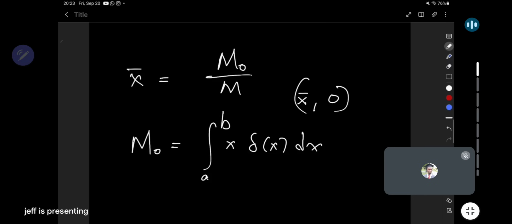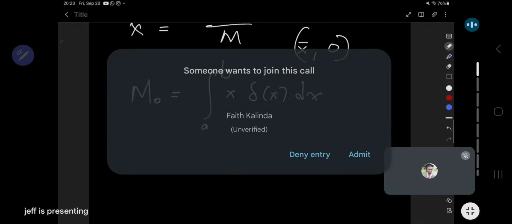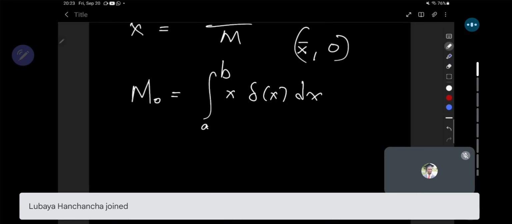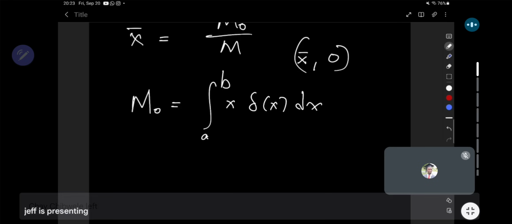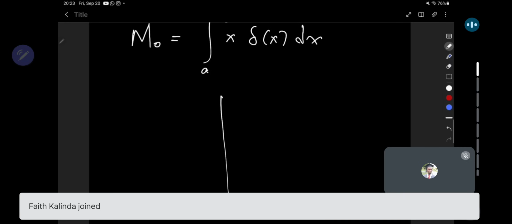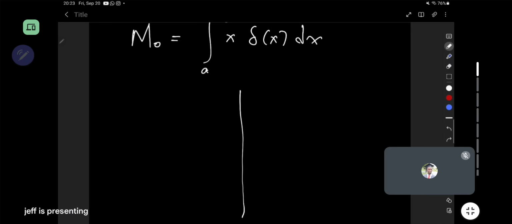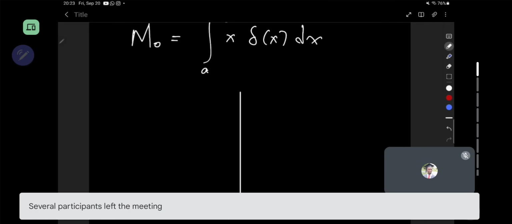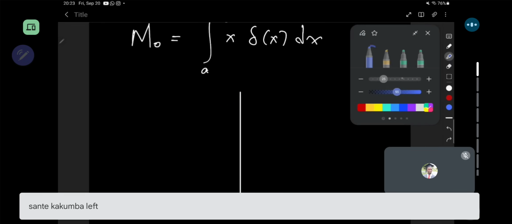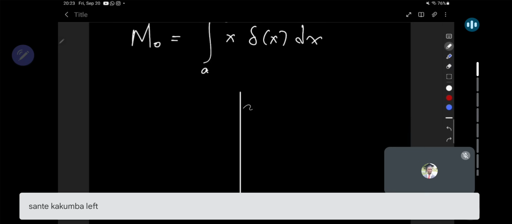This was for a rod lying on the x-axis. If our rod was now lying on the y-axis, how would it change? If it was lying on the y-axis, our rod will now be somewhere here.